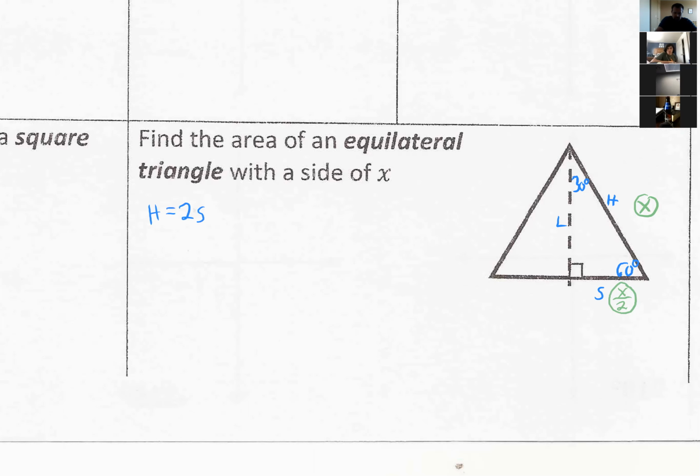And my long leg is s radical 3. But I'm going to do everything in terms of x. So the hypotenuse is x equals 2s. Well, we already got this one, but I'll just write it again. So s equals x over 2. Mr. Morrison, is that 2s? 2s. Okay, thank you.